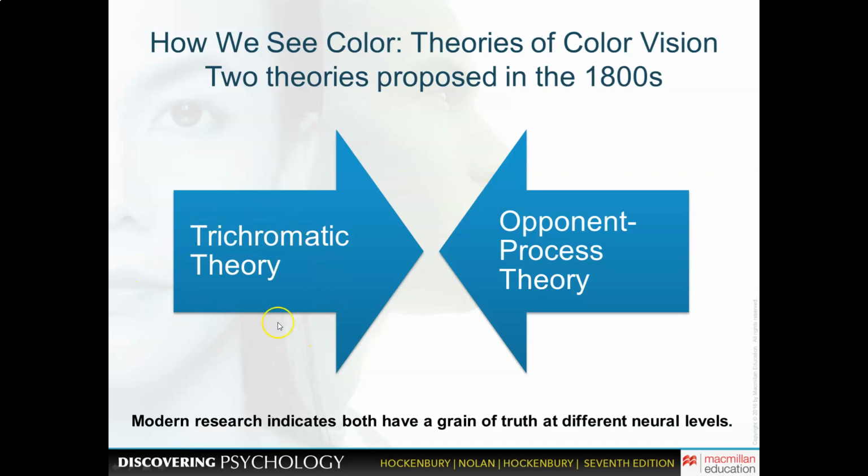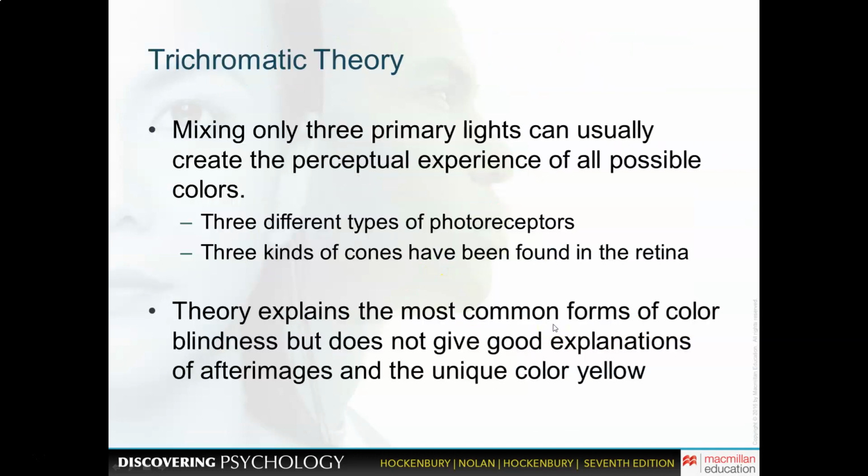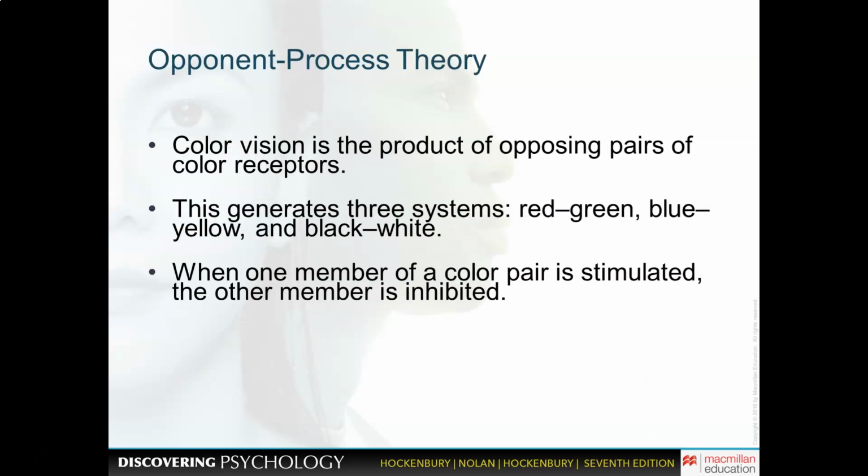That's the trichromatic theory. The opponent process theory, on the other hand, I'm going to go to right here. I've explained the trichromatic theory to you. Feel free to pause this if you want to look at this more in depth. But the opponent process theory basically talks about the opposing pairs of color receptors.